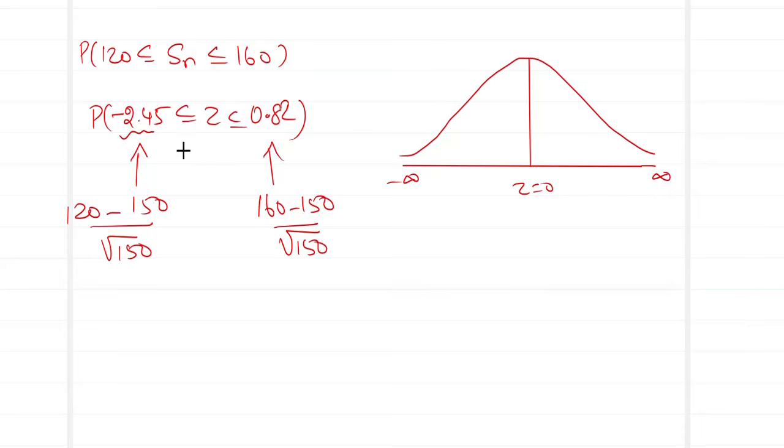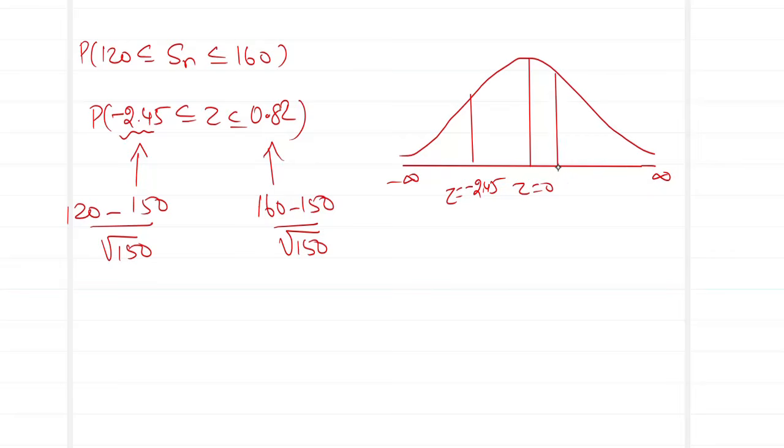Where will the point minus 2.45 lie? It will lie in the negative portion of z. So let me plot minus 2.45 over here. So this is my value, Z equal to minus 2.45. What is there on the right hand side? 0.82. Where will 0.82, which is positive, lie? In the positive portion between 0 and infinity.